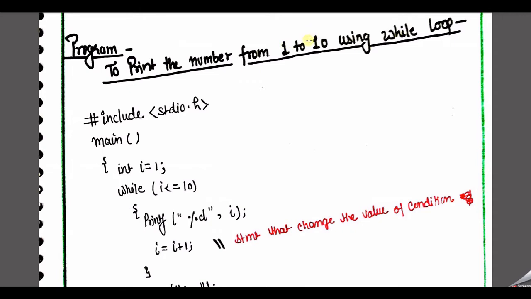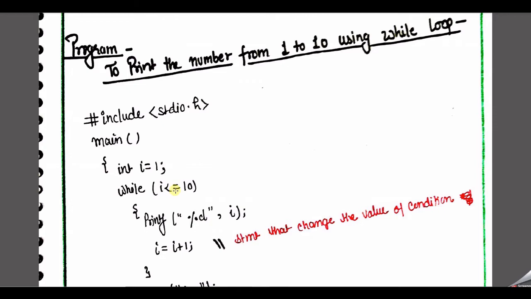So I take a variable i is equal to 1, and we need to print the value of i, which starts from 1, and we need to decide till which number we increment the value of i. So I realized that I need to print the value of i until it equals 10.